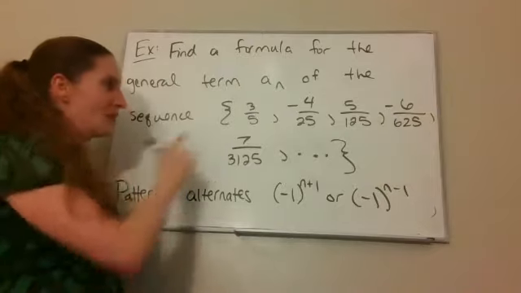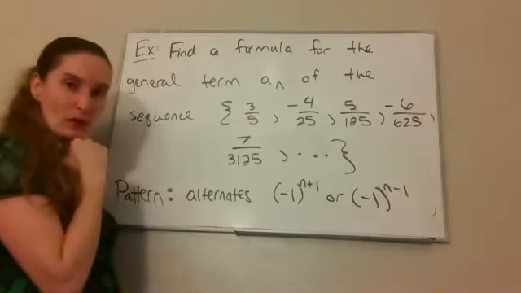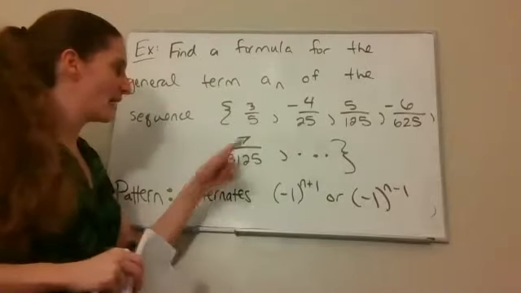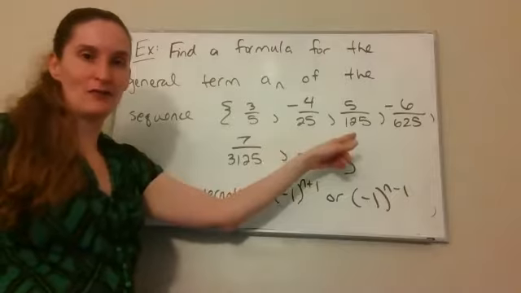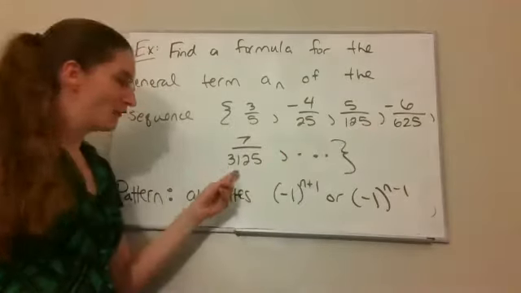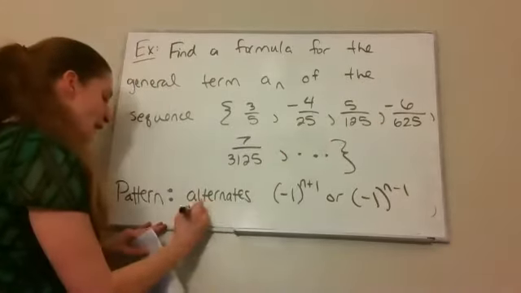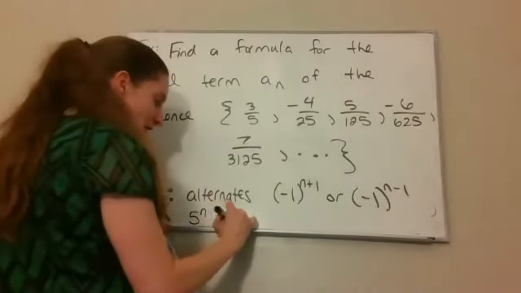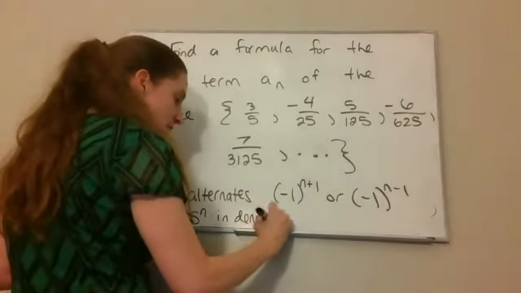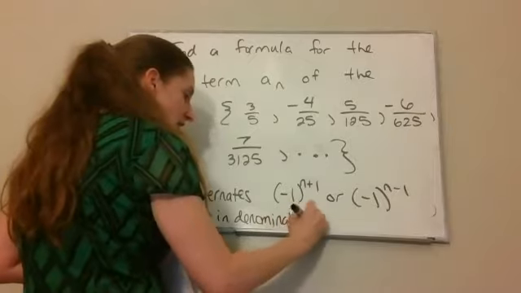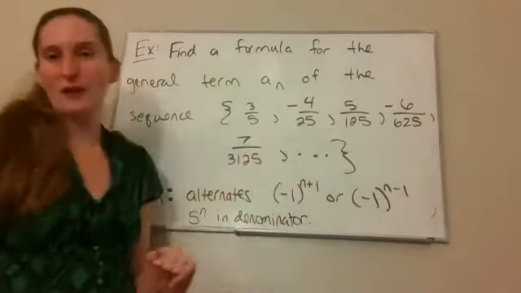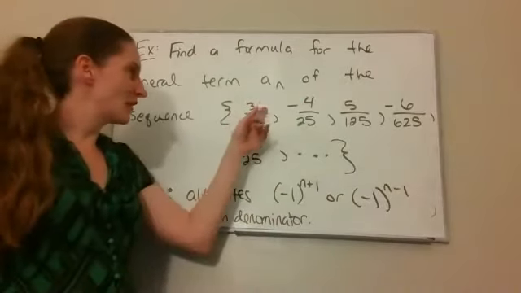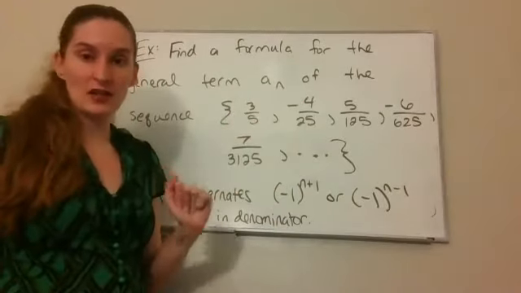I also notice that my denominator is a power of 5. The first term has 5 to the first, second term has 5 squared, then we have 5 to the third, 5 to the fourth, 5 to the fifth. So I know I have a 5^n in the denominator. And then what about the numerator? If we ignore the plus or minus, because we already took care of that, the numerator just increases by 1 each time.